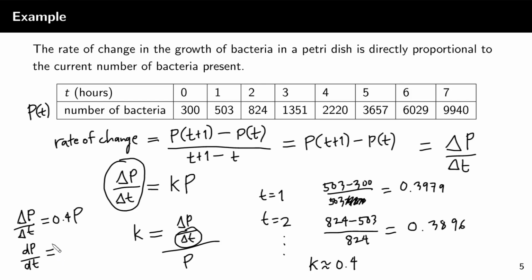So approximation lang ito, but the approximation is quite good. The numbers that we get are very close to 0.4. Okay, so dP over dt is equal to 0.4 P, and this is now the differential equation that we want.